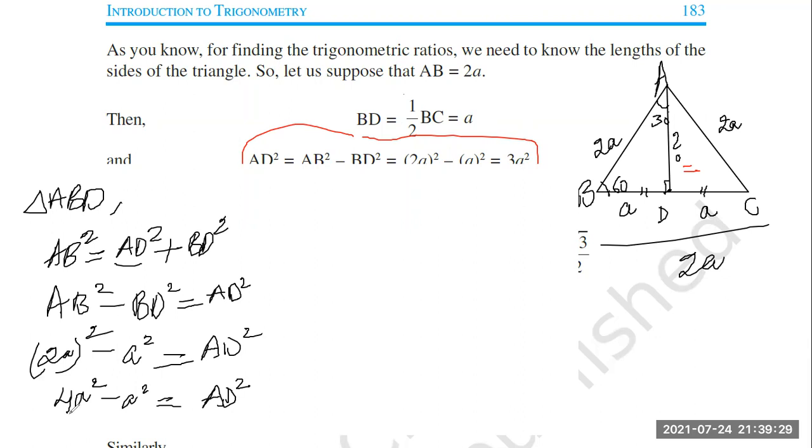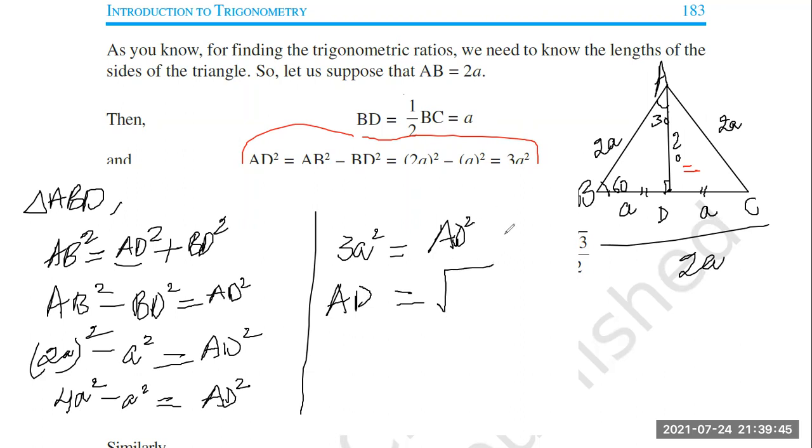Now from 4a square, when one a square is subtracted, we will get 3a square, which is equal to AD square. हमें सिर्फ AD चाहिए, so square goes to other side, AD is equal to square root of 3a square. अब root दोनों के लिए separate होगा, root 3 into root a square.